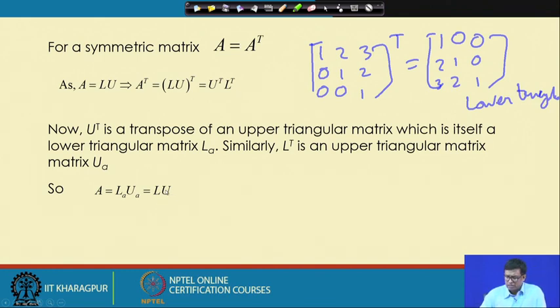Therefore, we have seen that this LU decomposition is a unique decomposition.